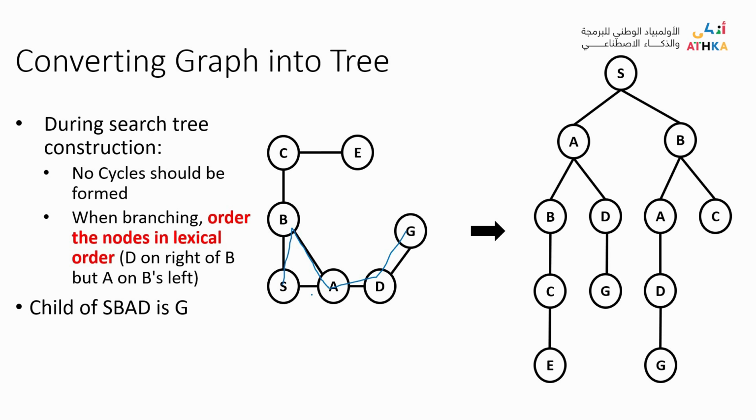This is a branch that was not there before. Now the last one is SBC, and SBC will basically go to E. Notice we have explored all branches. There is a branch that goes like this, another like this, and another like this.